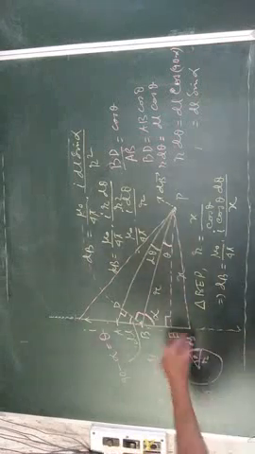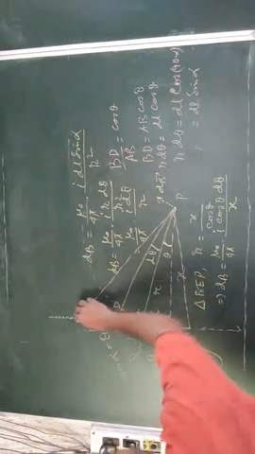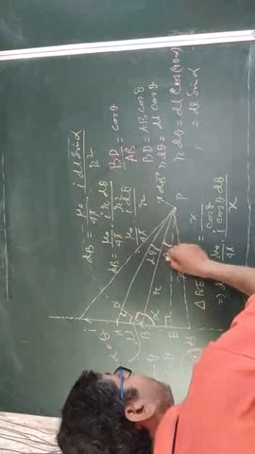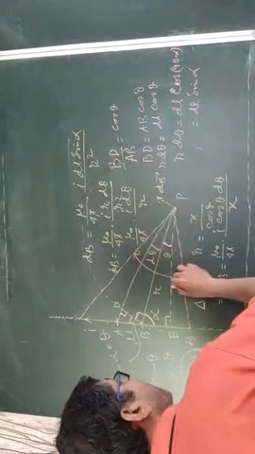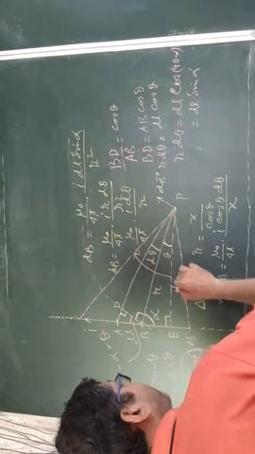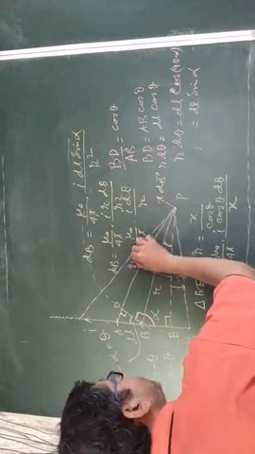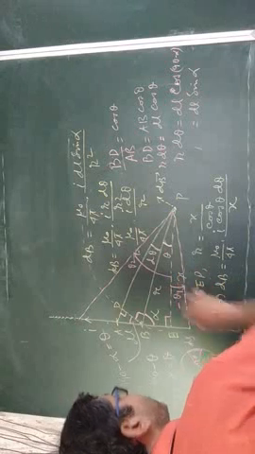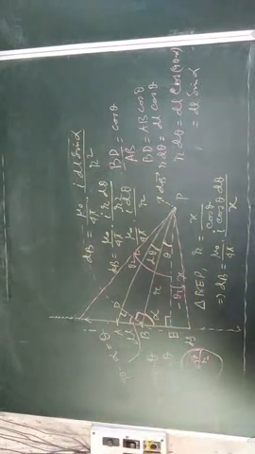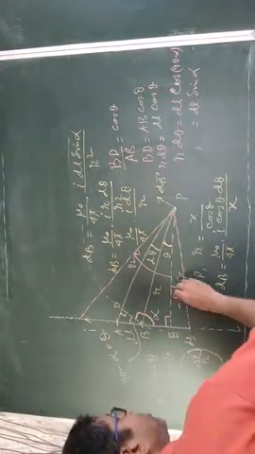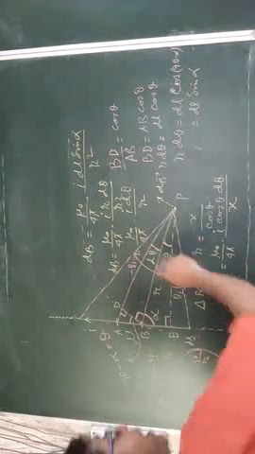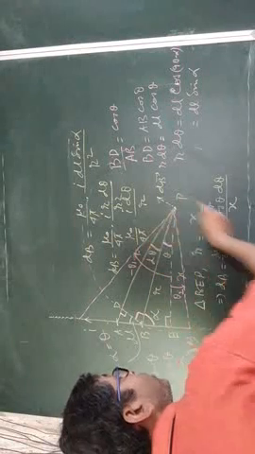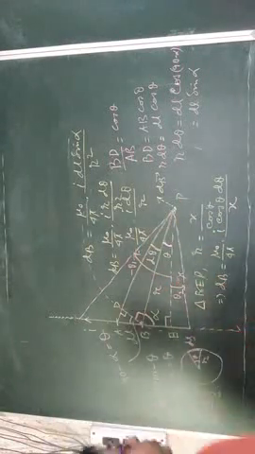So then this angle will change. Suppose this is theta 2 and this is minus theta 1. Because in trigonometry, if we move clockwise, then the angle will be negative, and anticlockwise it will be positive.